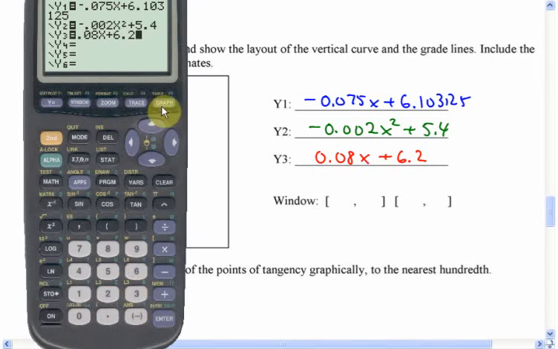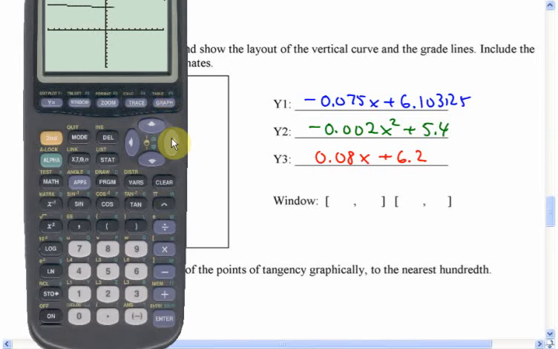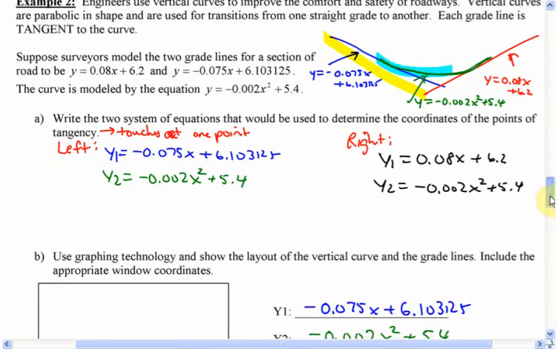Okay, if I press graph right now using my standard coordinates, well, not so great. What can I do? Did I make a mistake here?